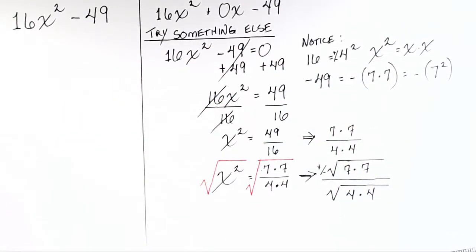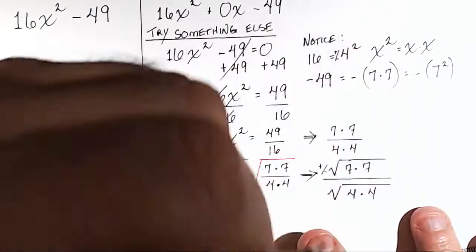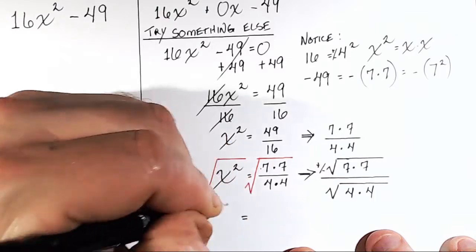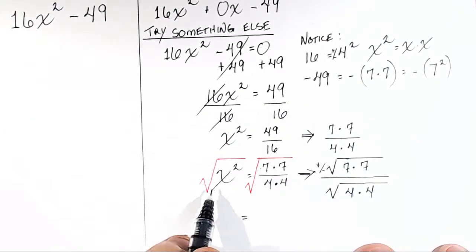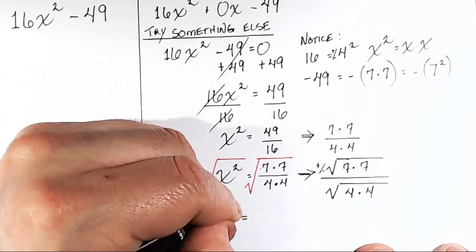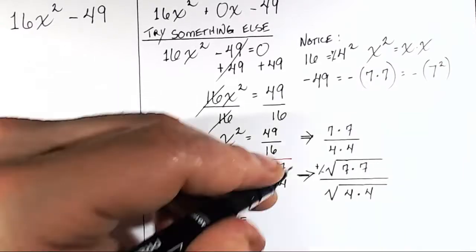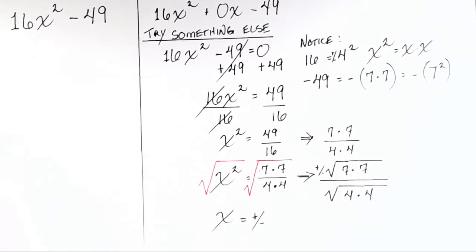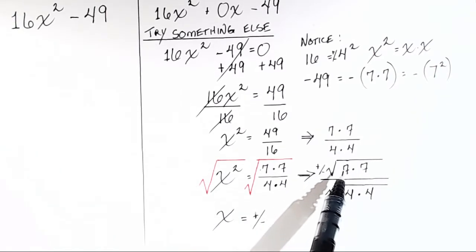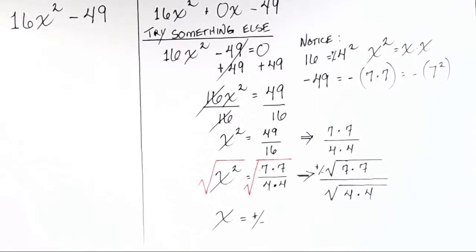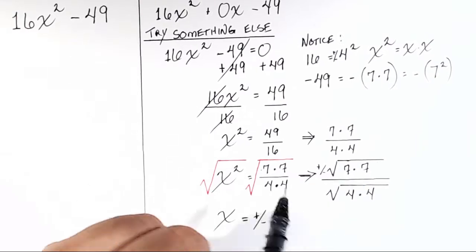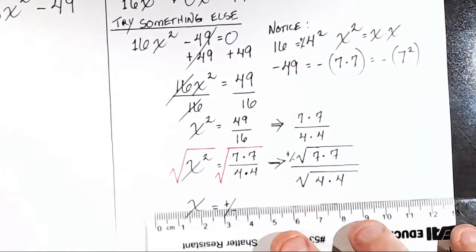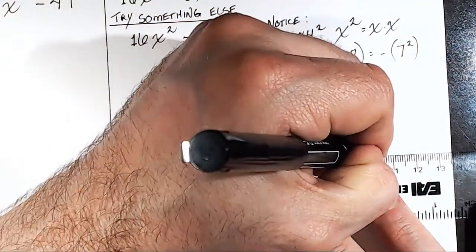So here is something to think about. The square root of x squared is just x. So now x equals plus or minus, and now stop and think. What is the square root of 7 times 7? Well, this is 7 squared, right? Let me just write this. I want to make this super clear to you guys.